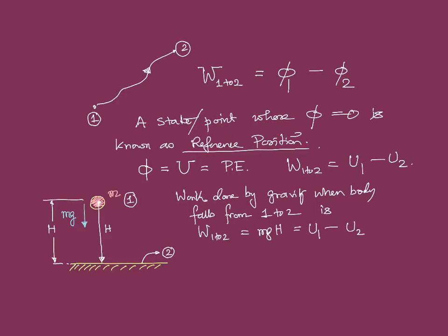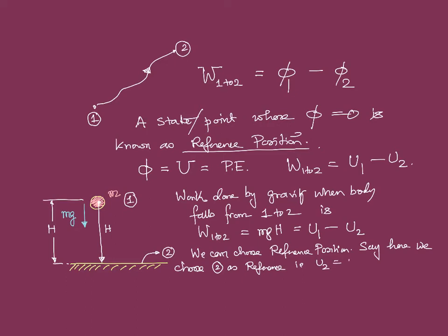Okay, now we can choose our reference position. Say here we choose 2 as reference. That is, what is U2 or phi 2? That is equal to 0.